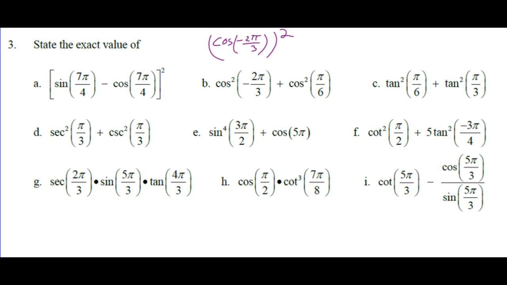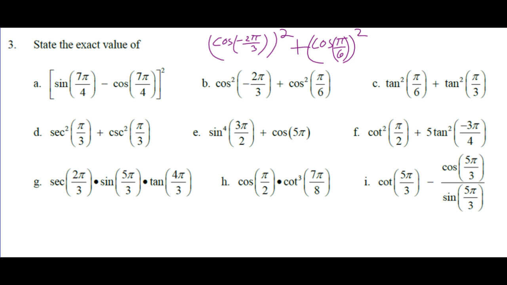So when you see cos squared of something, it says take the cosine of it and then square that value. Plus the cosine of pi over 6 squared. So do the cos of negative 2 pi over 3, get that number, then square it. Get the cos of pi over 6, get that number, and then square it.